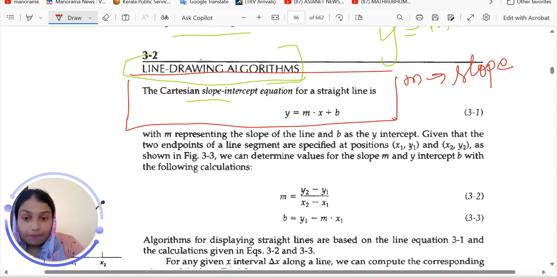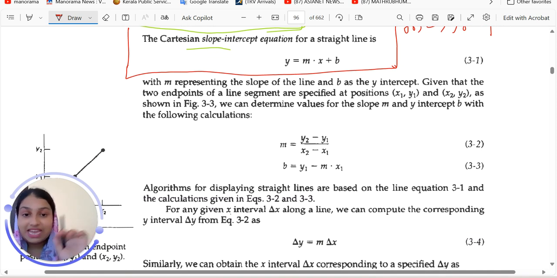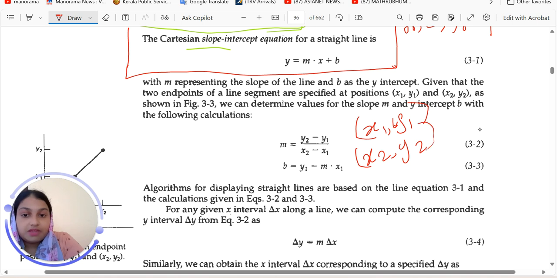Given that two endpoints of a line segment are specified at positions, so we are having two endpoints, x1, y1 and x2, y2. Now we can determine values for the slope m and y-intercept b with the following calculation.